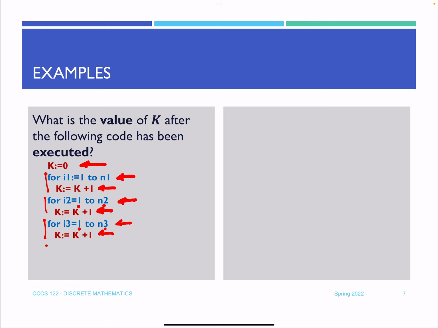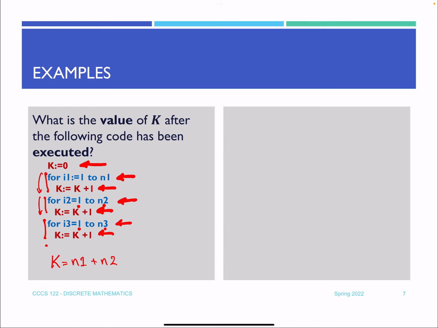And the answer should be pretty straightforward. We start with k equal to 0. And after we come out of the first for loop, k will be equal to n1. And with that value, we move into the second for loop, which will add another n2 to the value of k.